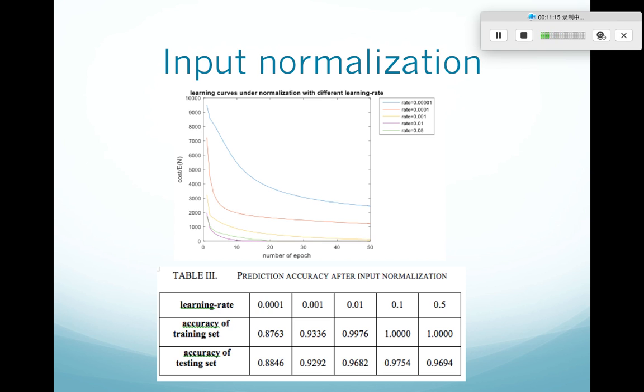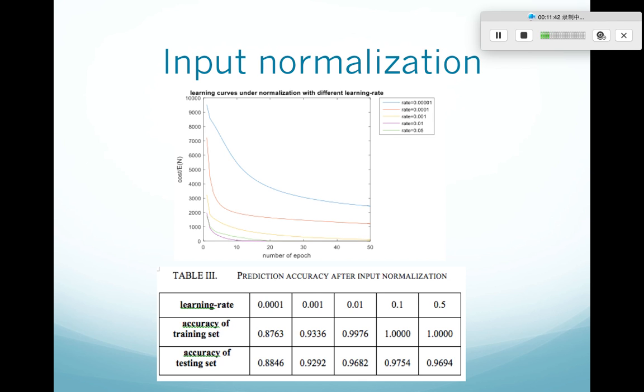And in the table, it is easy to find that the learning rates 0.1 and 0.5 both show good results on prediction accuracy. However, we can see that the curve slows and flattens after 14 epochs at rate 0.1, while it flattens after 20 epochs at rate 0.5. So the rate 0.1 gives us a faster decrease.